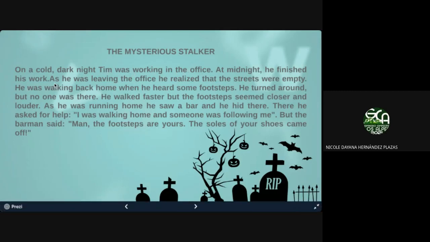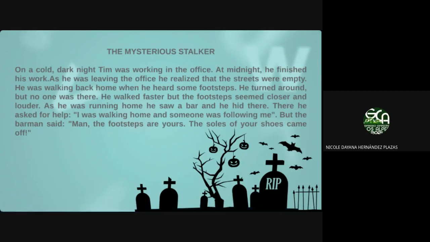Let's continue. As he was leaving the office, he realized that the streets were empty. Simple or continuous, guys? Who can tell me? Continuous and simple, both. Ahí tienen ambas. So what happened, guys?